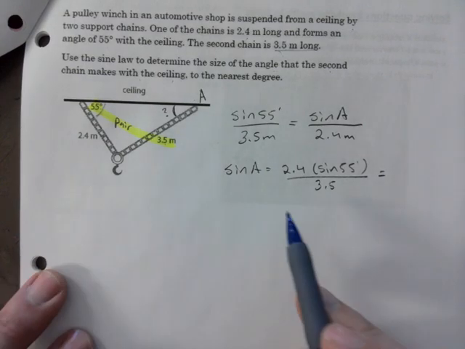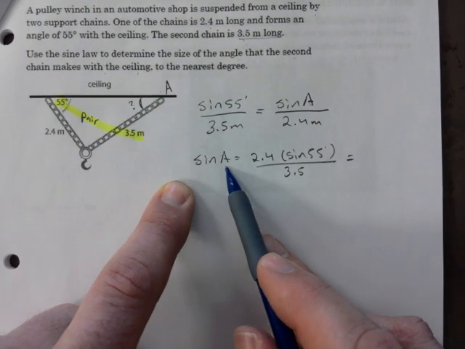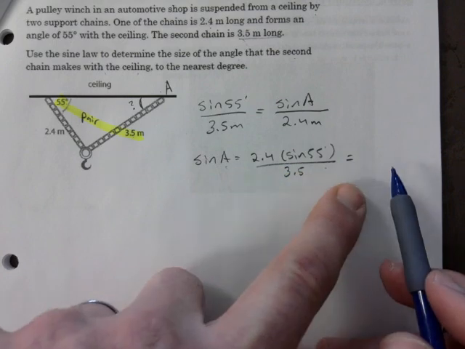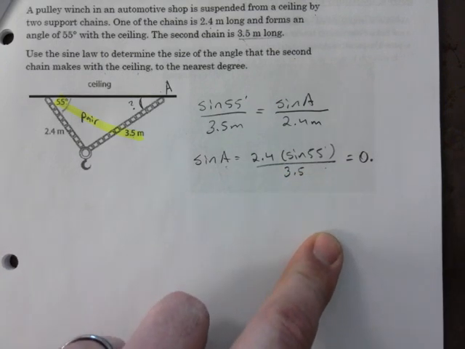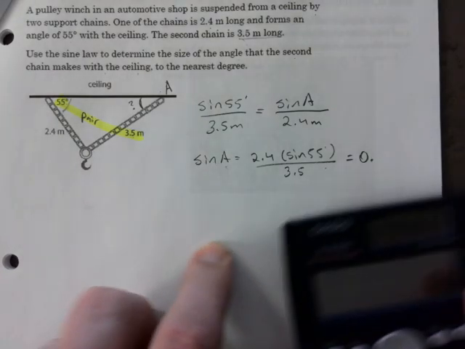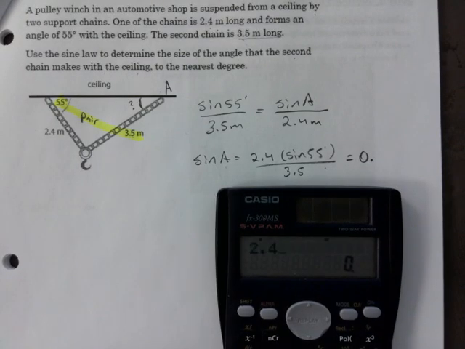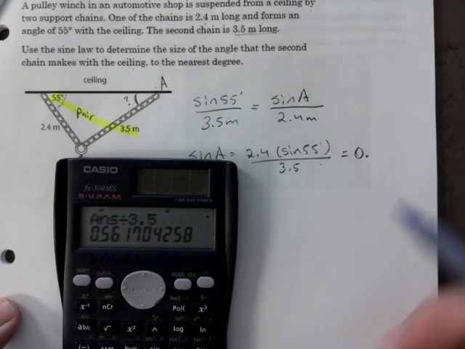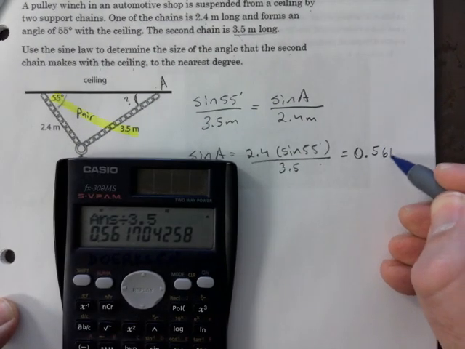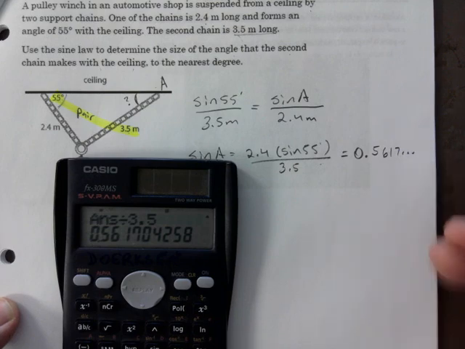I allow you to go, this is equal to this, which is equal to, it has to start with a 0 or else you're in trouble, 0.5617, and that keeps going.